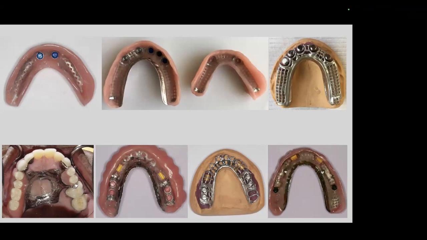The picture to the right of that, it's a different patient, but it's the same idea here. There's a framework, locators, and a Hader. And all the way to the bottom right, that is an ERA attachment, those black circles you see in the back, ERA and a Hader. So it's all different ways that you can set this up based on the amount of space you have, based on the implant position, and how much retention you need for the patient.